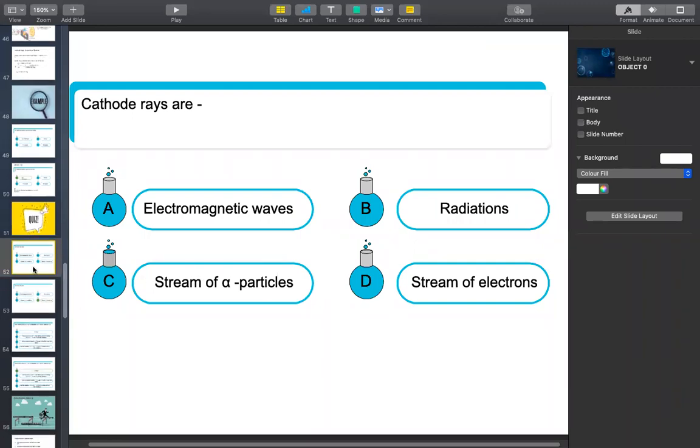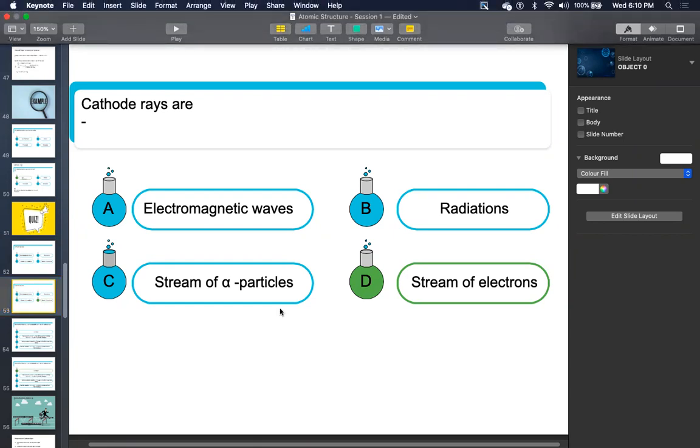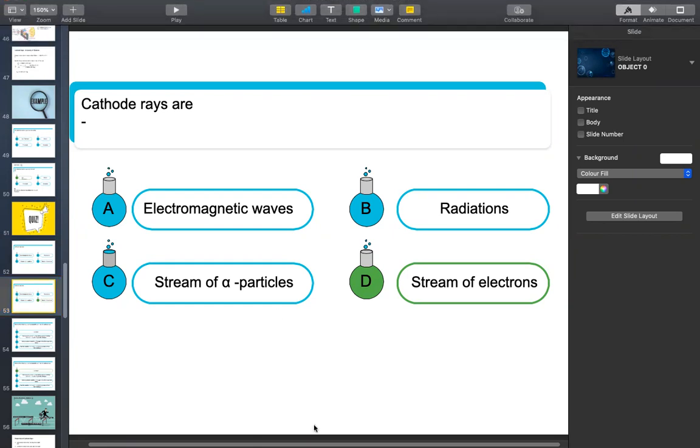Sir, I had one question. How did J.J. Thomson directly calculate the specific charge without knowing the mass as well as the charge? Oh, sorry, I was muted. Am I audible now?